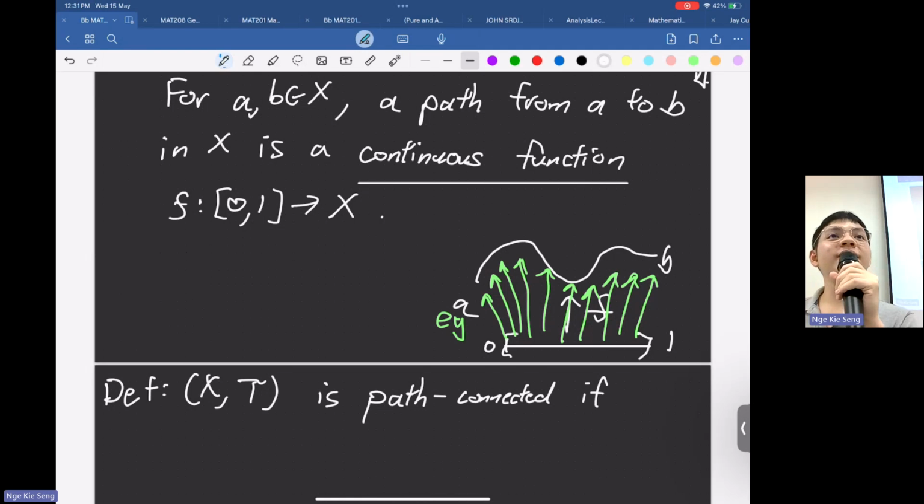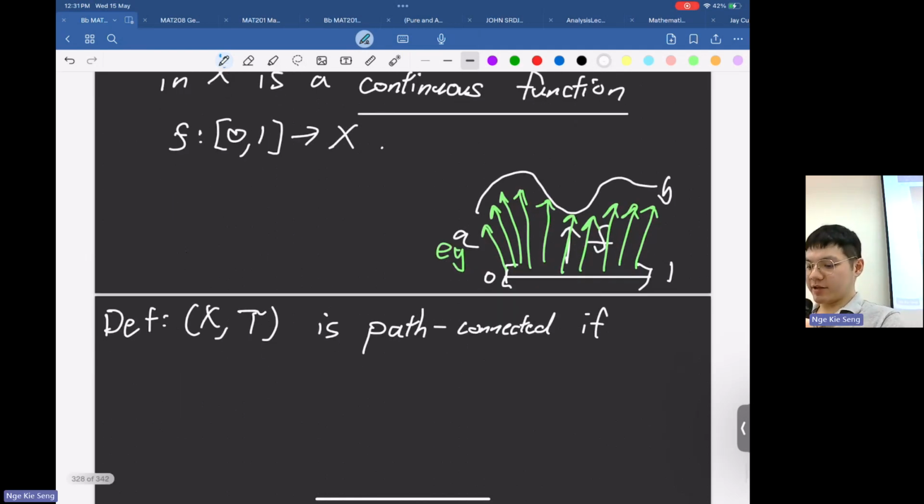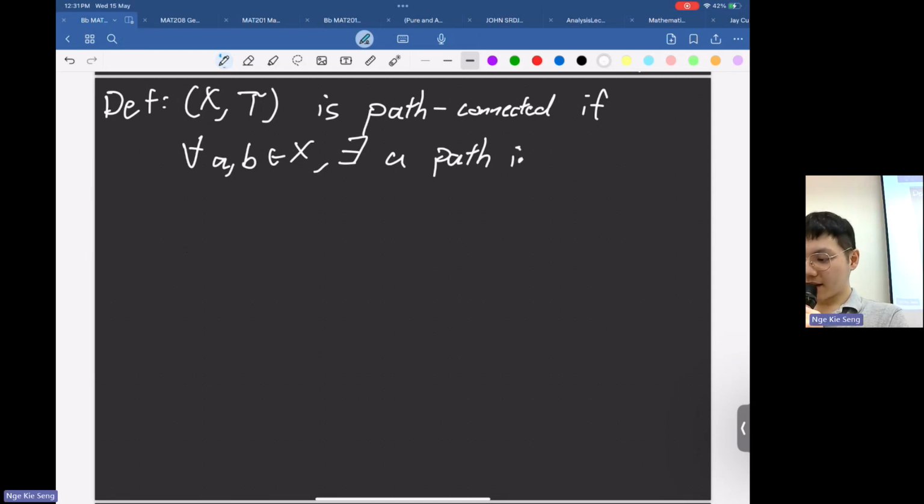Yes, that's right. A topological space is path connected if for every two points in X, there is a path in X from A to B. Every point has to stay in X for this path.